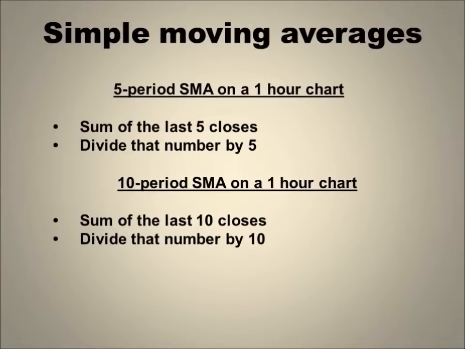Now, if we want the 10-period SMA, what we do is we add the closing volumes of the last 10 trading periods, and then we divide that number by 10. We do the same thing with the 20 and 35. I think you get the point by now.